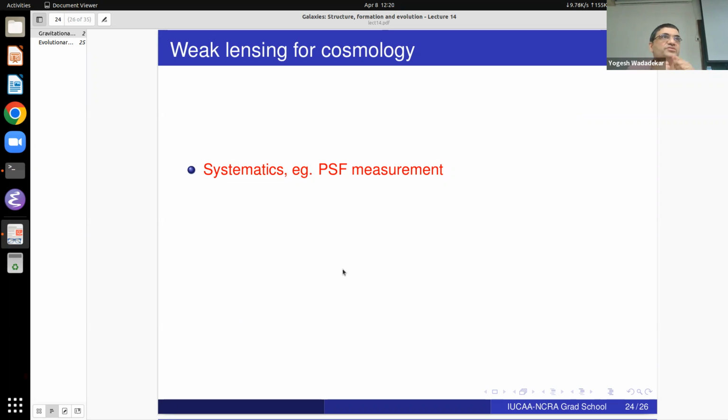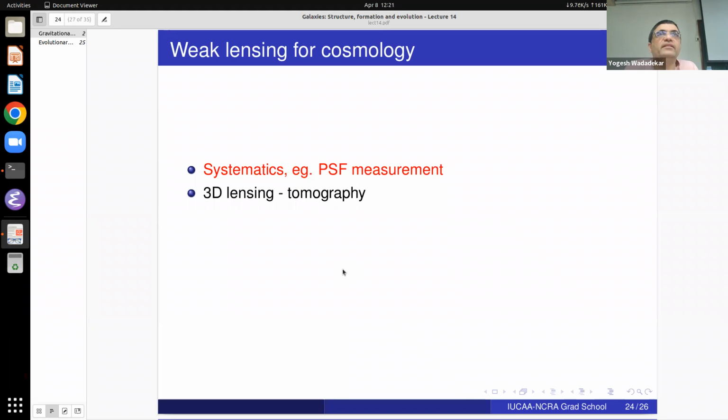So if you're seeing a 1% distortion in the galaxy shape, is it because there is a real distortion in the shape, or you have measured the point spread function incorrectly in a systematic way? You may be seeing a shear, but that shear is just because your PSF is wrong. So it's very, very important to handle the systematics correctly.